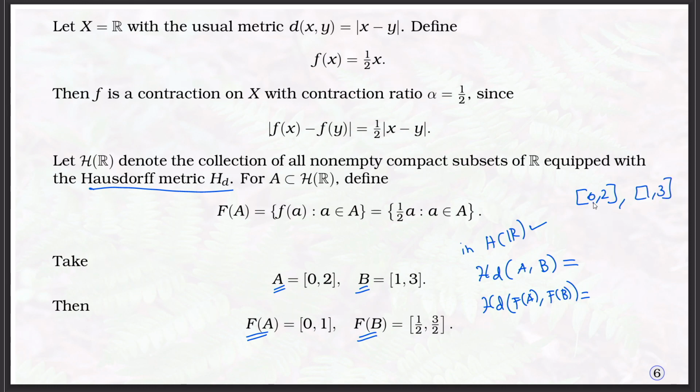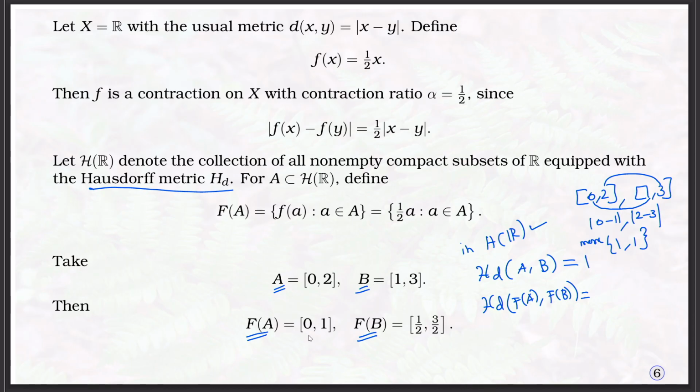So we need to find the difference between a and c and between b and d, that is 0 minus 1 and 2 minus 3. In both cases we will get 1. So if you are taking the maximum, then the distance between these two sets A and B is 1.